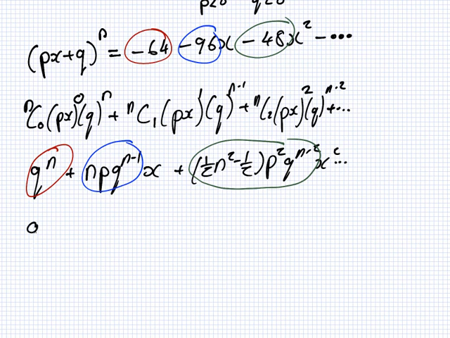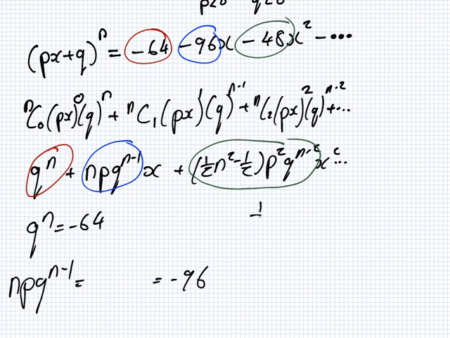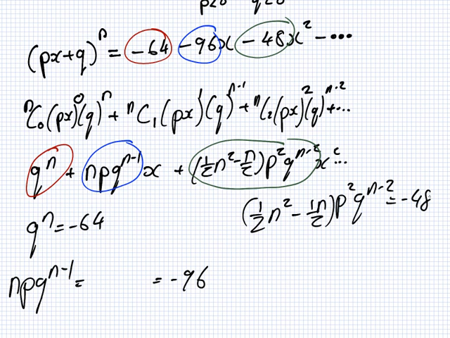Okay. q^n equals minus 64. n p q^(n-1) equals minus 96. And a half n squared minus a half n, p squared q^(n-2) must equal minus 48.